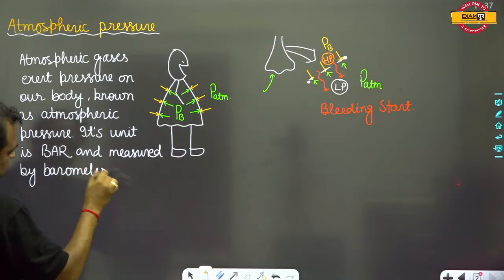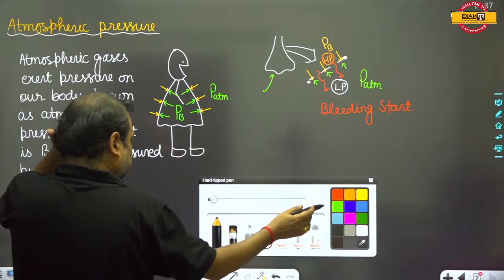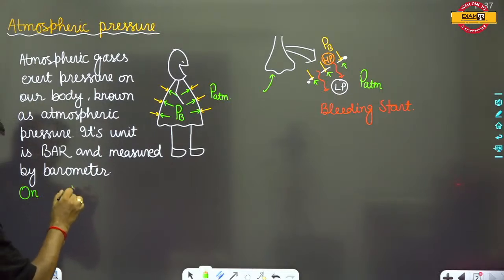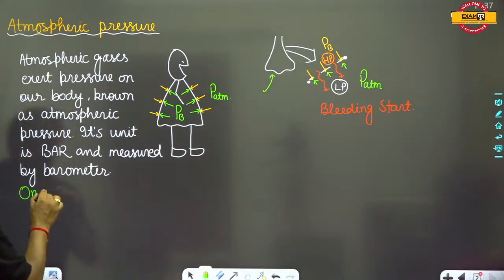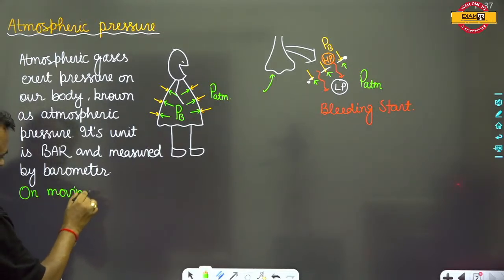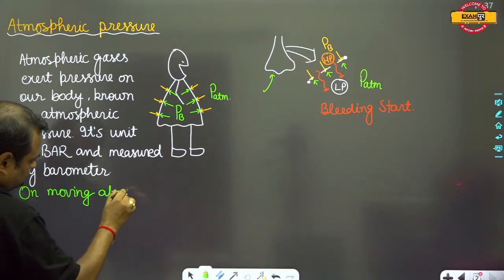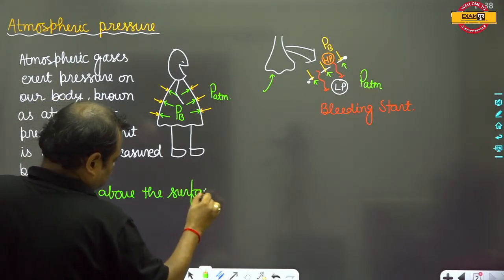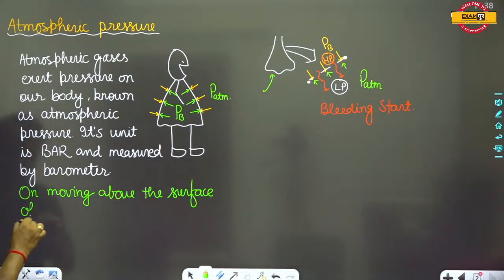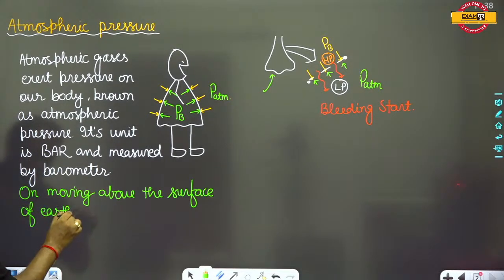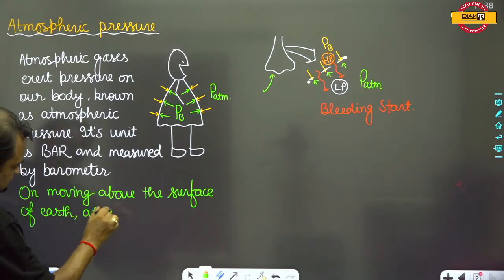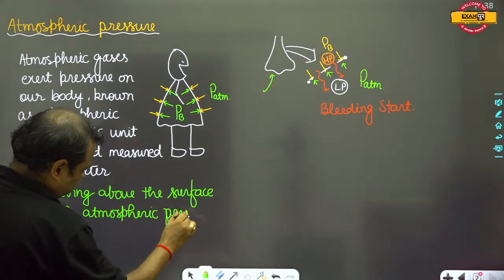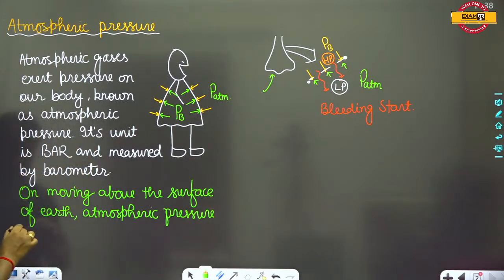On moving above the surface of earth, atmospheric pressure decreases.